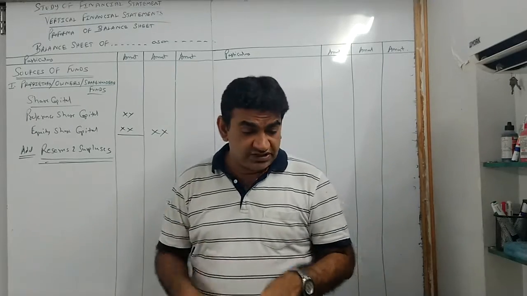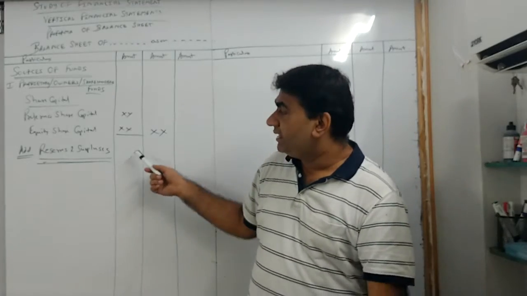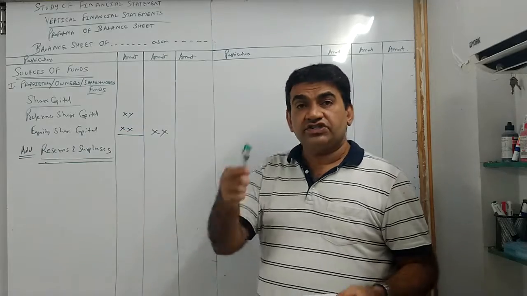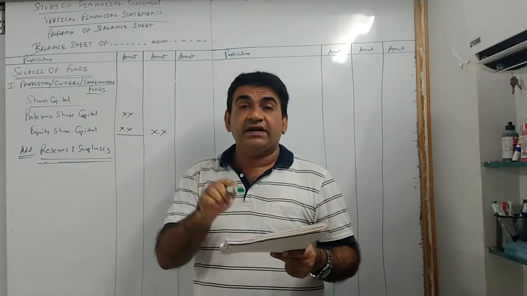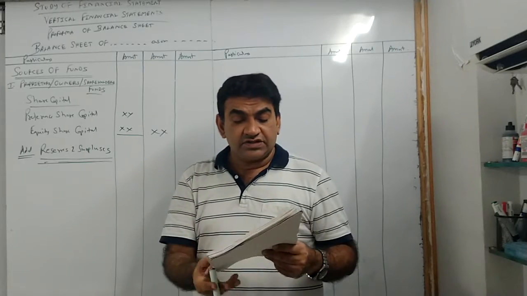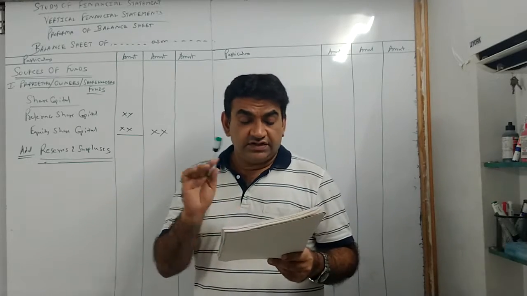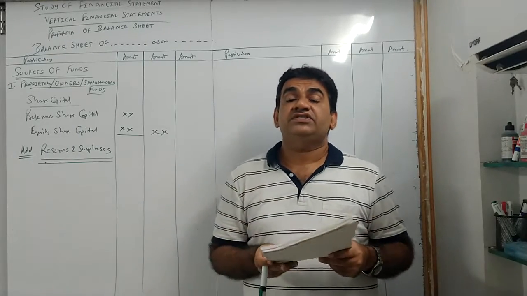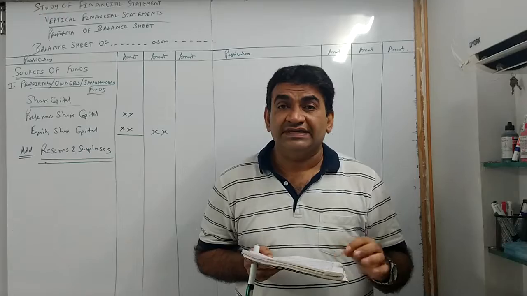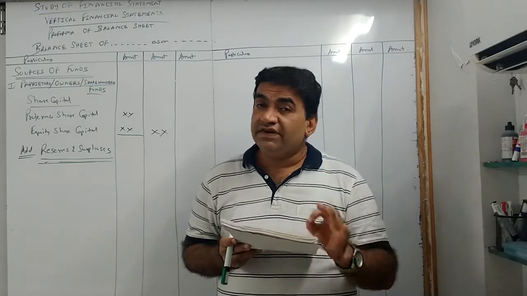Now see, what I am doing now, I am just putting the main headings. There is a list, the picture of which has already been sent in the group. Capital redemption reserve, capital reserve, revaluation reserve, general reserve, reserve fund, profit and loss, dividend equalization reserve. All these are your types of reserve. Each reserve has a different meaning.